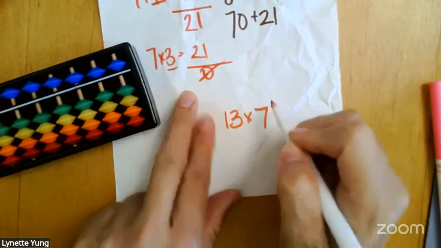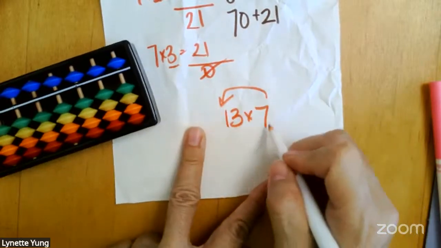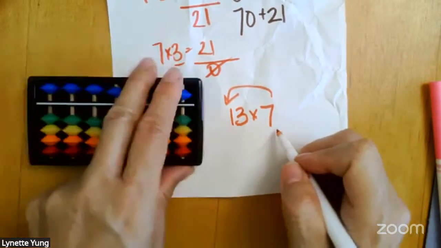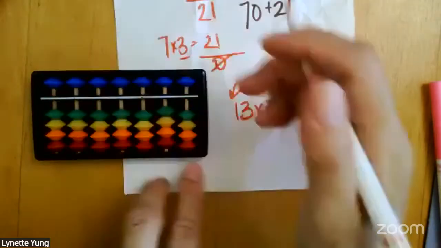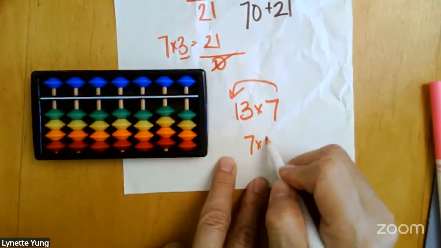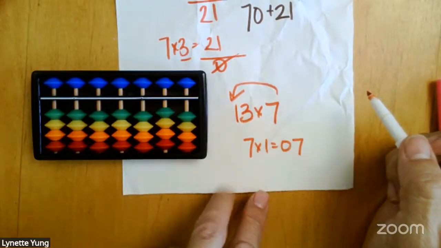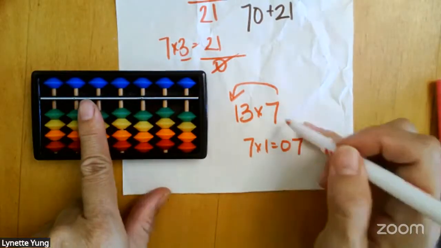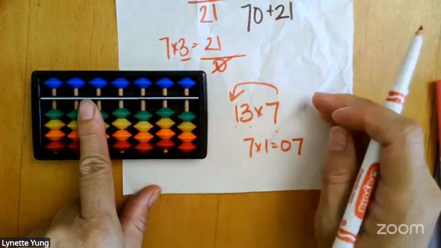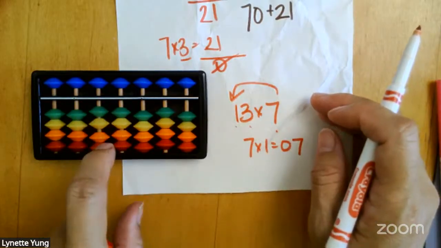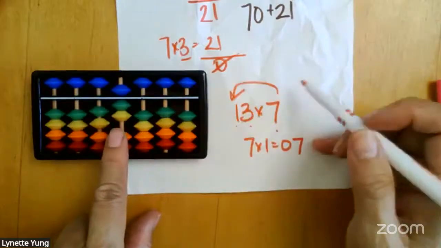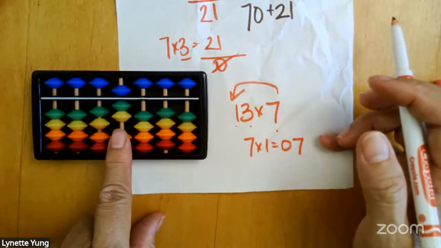When we do multiplication, we do 7 times 1. 7 times 1 is not 7. 7 times 1 is 0, 7. 1, 2, 3, right? What happens? 0, 7. So you put 7 here, because it's really representing 70.